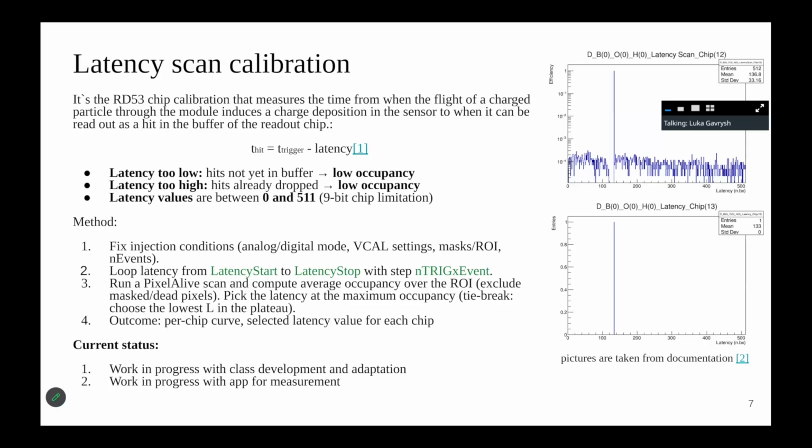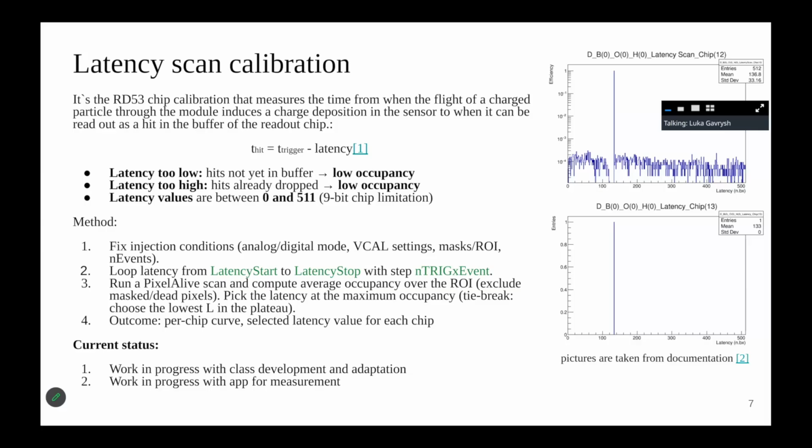And the output that I'm expecting to have is a latency curve. I have an example on the right that is taken from documentation. As I'm at a stage right now with work in progress on class development and adaptation and the app development for the measurement, on the right you can see a plot showing the average pixel occupancy for each of the tested latencies.